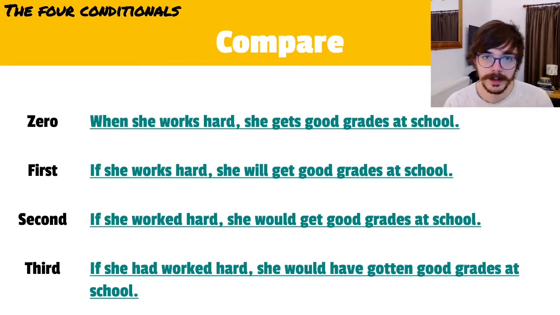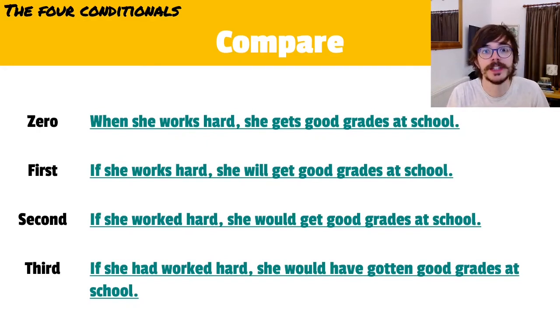She didn't work hard. She didn't get good grades at school. She couldn't go to university. But when we look back at the years, we can say, well, if she had worked hard, she would have gotten good grades and she would have gone to university. But unfortunately, she didn't. She didn't work hard.